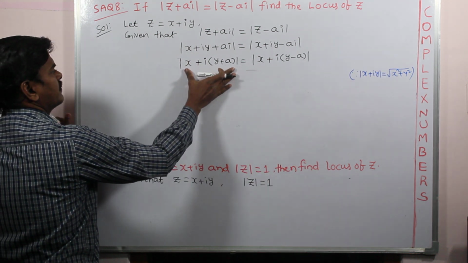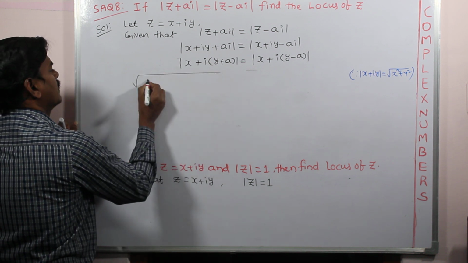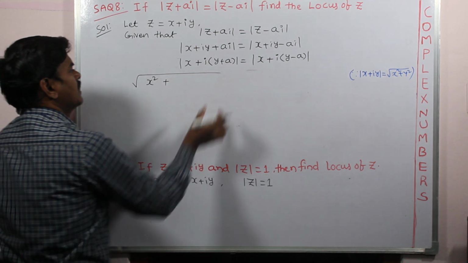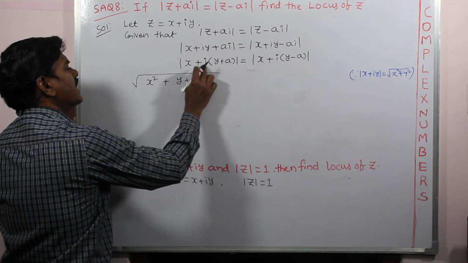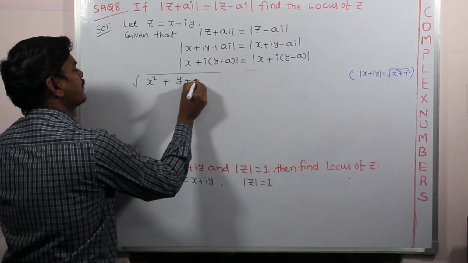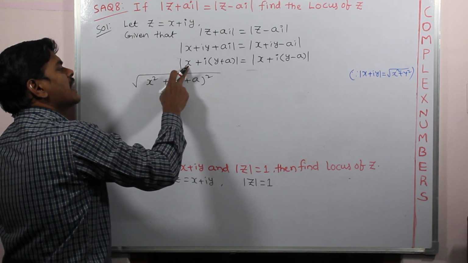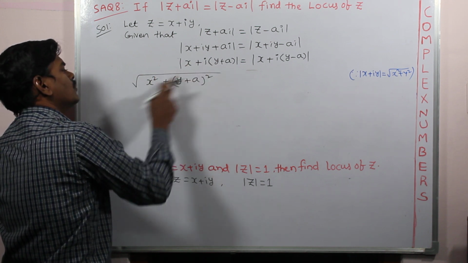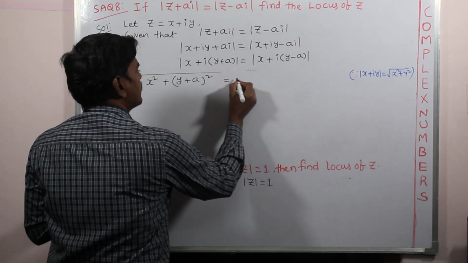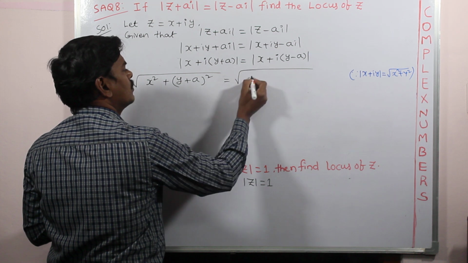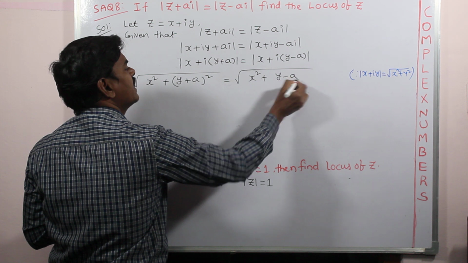So applying it here, root over x squared, where x is the real part, plus the imaginary part (y + a) whole squared. The term associated with i is known as the imaginary part. Once again, |x + iy| is root over real part squared plus imaginary part squared. In the same way we get root over x squared plus (y - a) whole squared.